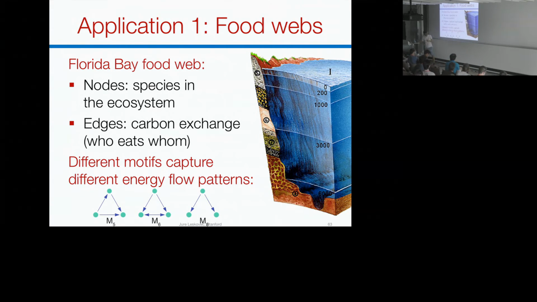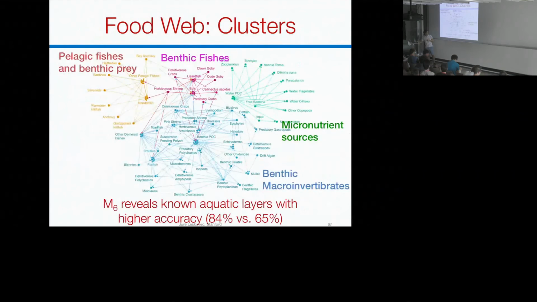And if you look at the motif M6, you have organisms in the same layer eating each other, and they also get food from the stuff above them, whatever comes from the top. They feed on that, and then they feed inside it, right? And that's why this makes sense.